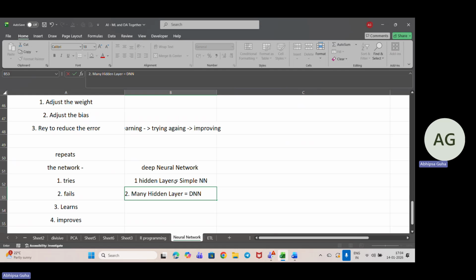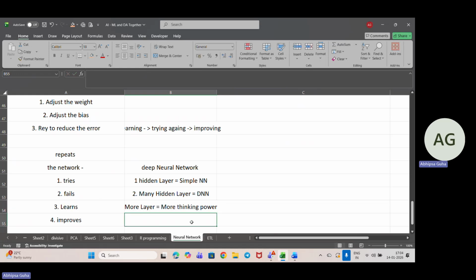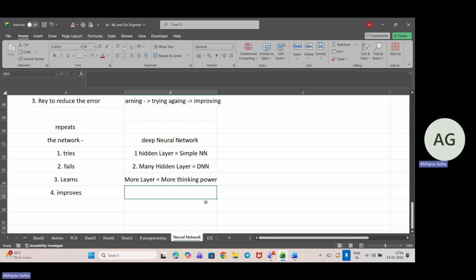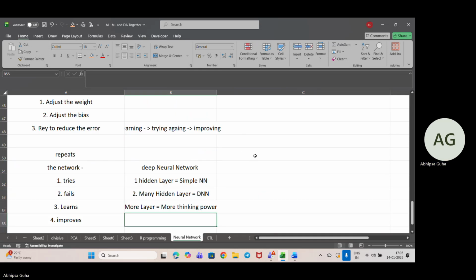Now, the more the layers, the more the thinking power. That is, more layers, more thinking power. Okay, so this is how it moves. Now coming to where the neural network is used.